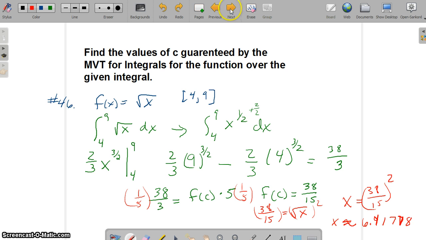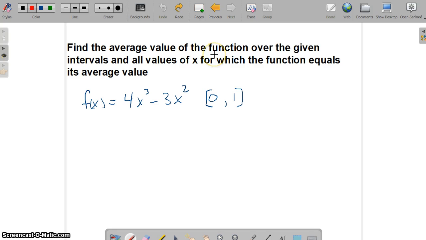Another way they might ask you a question about this stuff is to say, find the average value of the function over the given intervals, and all of the x for which the function equals its average value. So you're doing exactly the same thing. They're just calling it something different. So we're going to do this example right here.